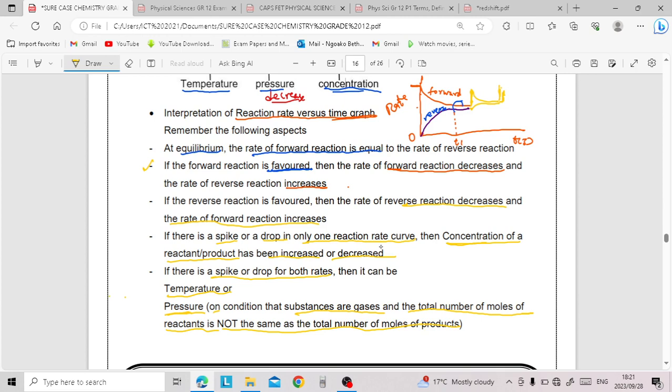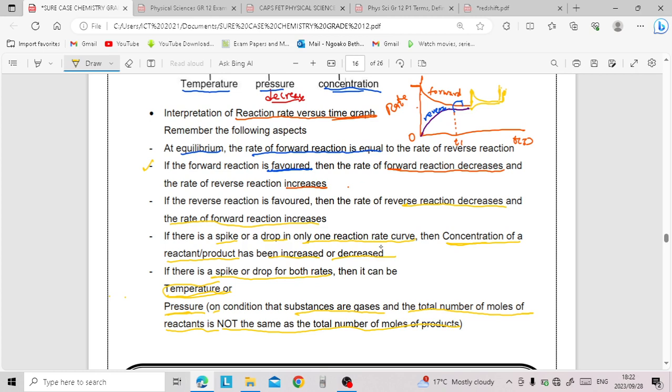If it is a gas, check the ratios on both sides, the reactants and the products. If they are equal, then it's not pressure but temperature. If they are different, then it can be pressure. So if we see two spikes for both directions, forward and reverse, whether going up or down, then the factors are temperature and pressure, but we must check pressure on one condition, while temperature doesn't matter. As long as there are two spikes, there might be an increase or a decrease in temperature. That's it about the graphs of the rate and the concentration.